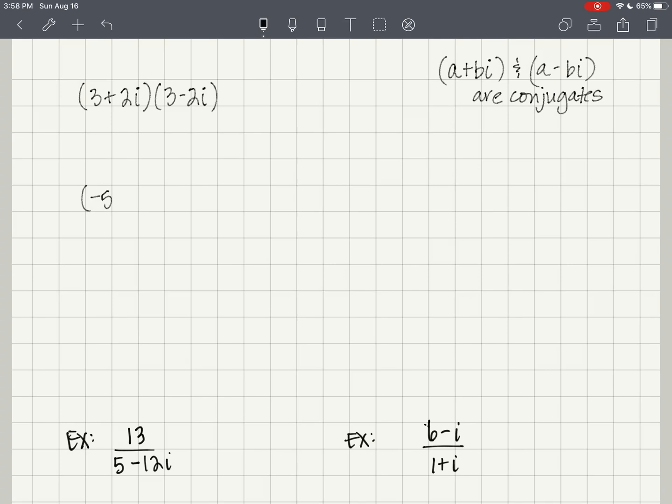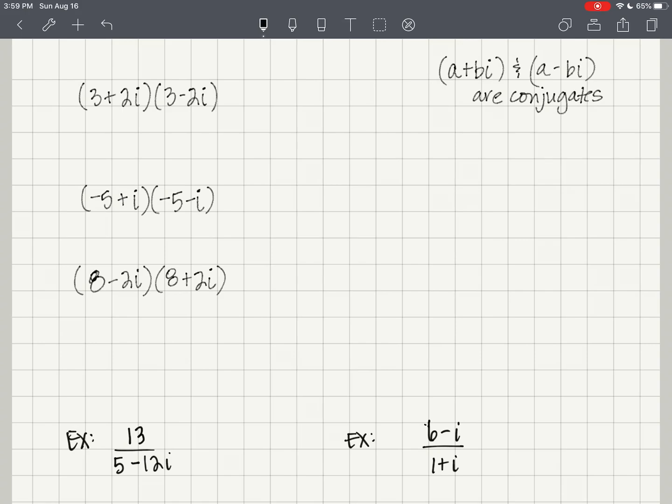Negative 5 plus i, negative 5 minus i, conjugates. 8 minus 2i, 8 plus 2i. Those are conjugates. So it looks like the same binomial, but one is subtraction, one is addition.